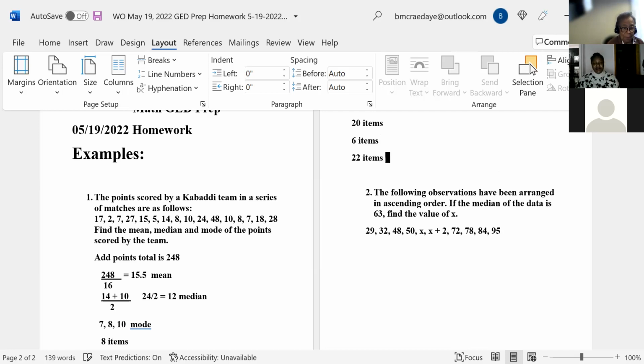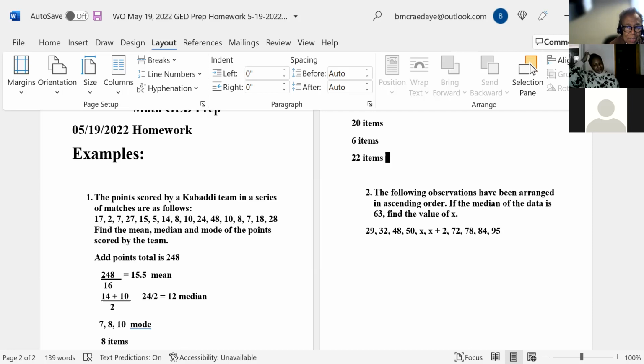Okay. 22 items, Michelle. Another even number. How many in the front? How many at the end? 22 minus 2, Michelle, is what? 20.